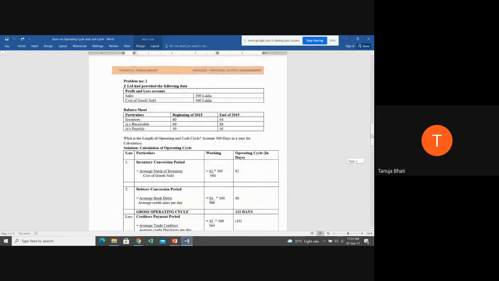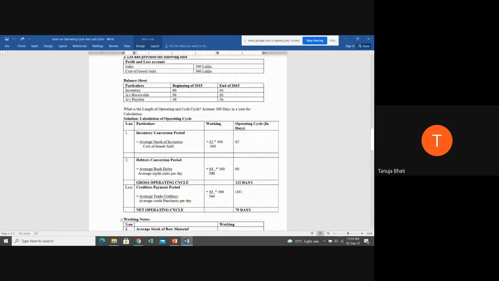So 84 is your debtors divided by average credit sales per day. Now sales is given as 500. If no information about cash and credit sales is given separately, you take the entire sales as credit sales, into 360, you get 60.